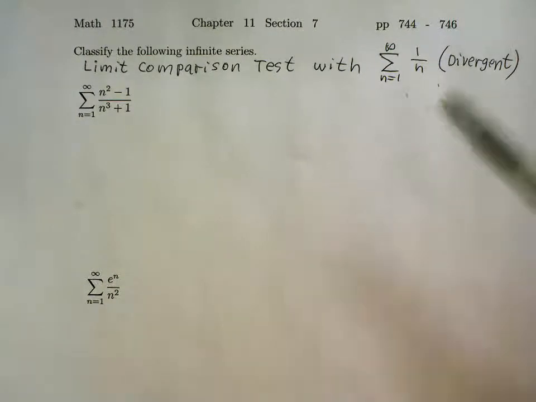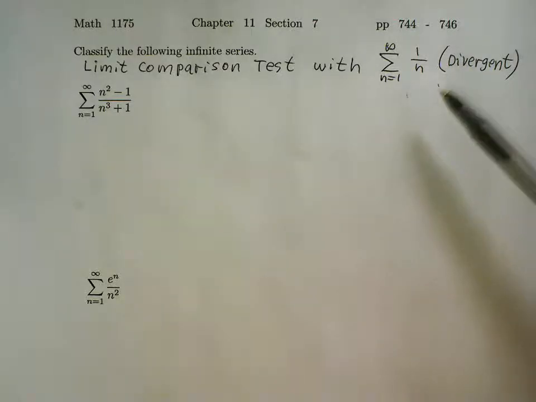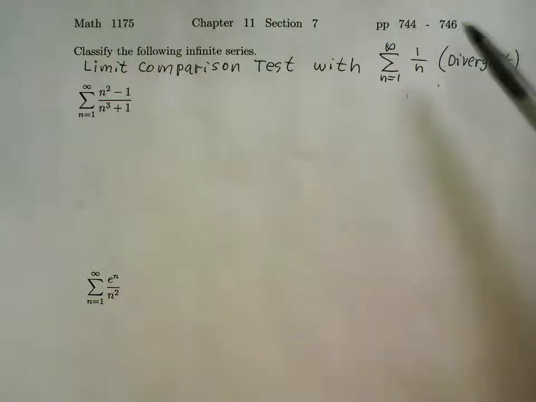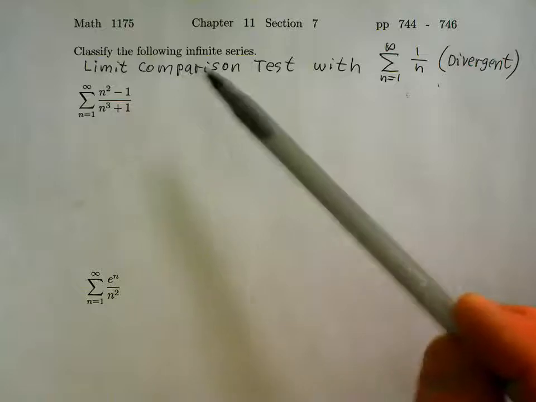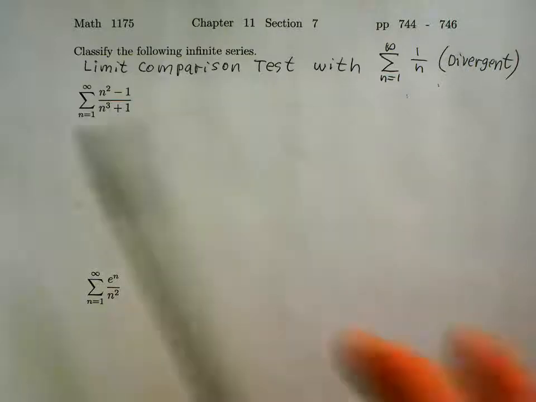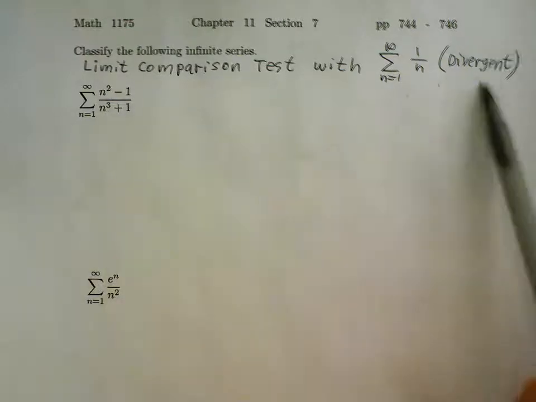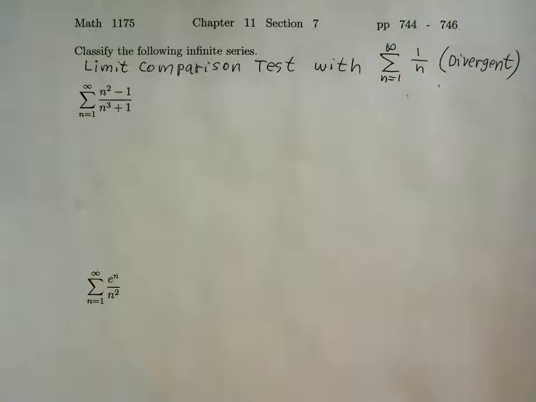And we reviewed the limit comparison test a minute ago. So if I compute the limit of n squared minus 1 over n to the third plus 1, over 1 over n, and if that limit is equal to a positive number, then since this series diverges, this one will also diverge.